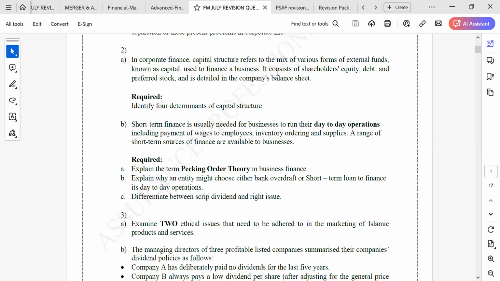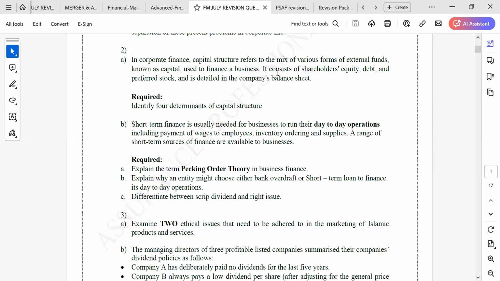So a company that is having a liquidity problem, or that uses cash in most of their activities, will go for the short-term loan, because that is going to give them a payment plan and they know how they are going to be managing their cash very well.